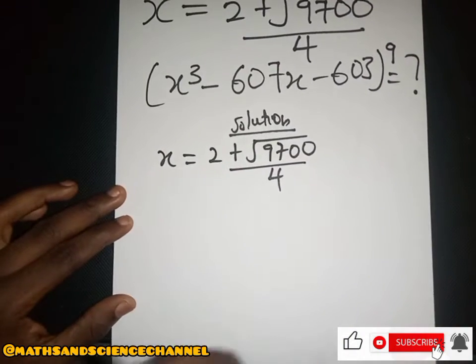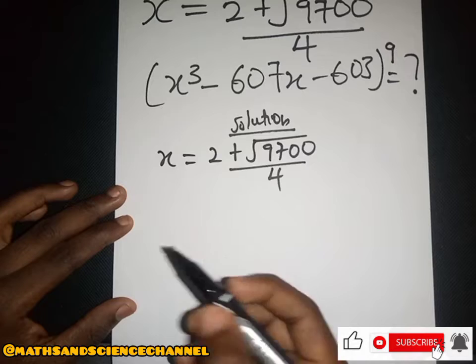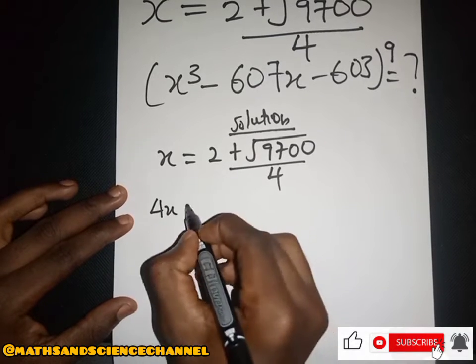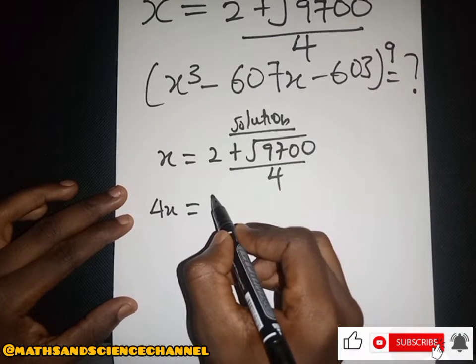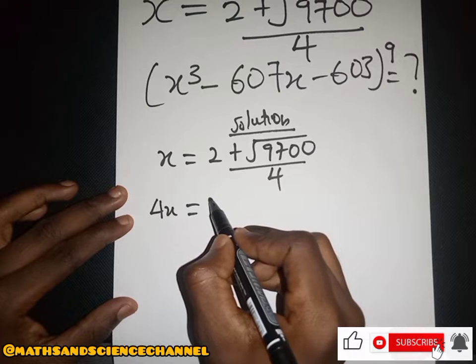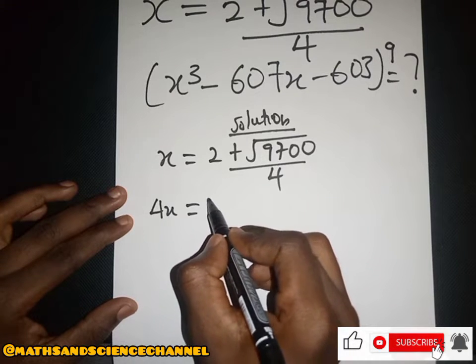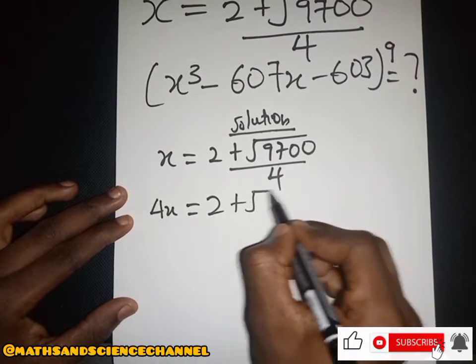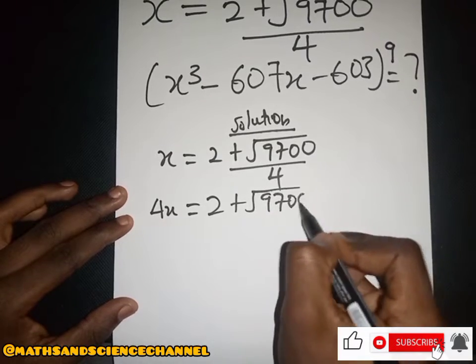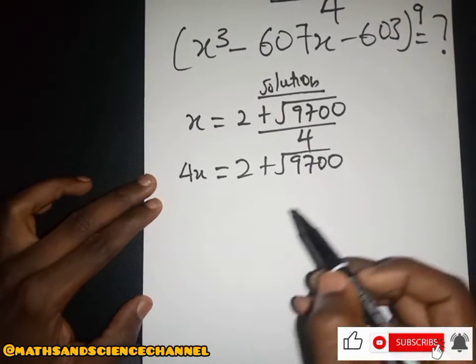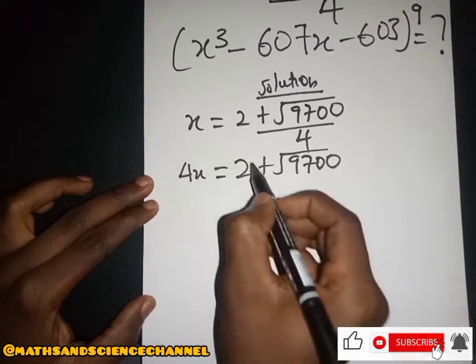So what we do is multiply all the sides by 4. So we have 4x being equal to 2 plus square root of 9700 in this case. So from here what we do is send this to the other side.